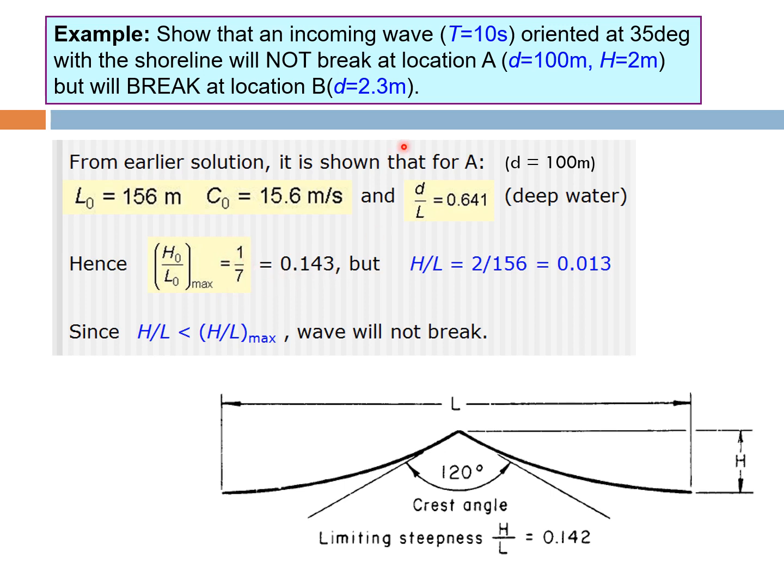But here, since the wave height is 2 meter and the wavelength is 156 meter, we know that the actual wave steepness here is 0.013. 0.013 is actually smaller than 0.143. That means it did not reach the critical value. So H/L is less than the H/L maximum. So in this case, the wave will not break at this location, d equals 100 meter.